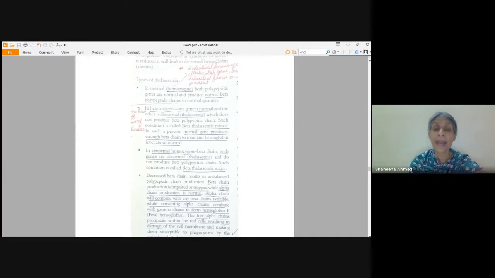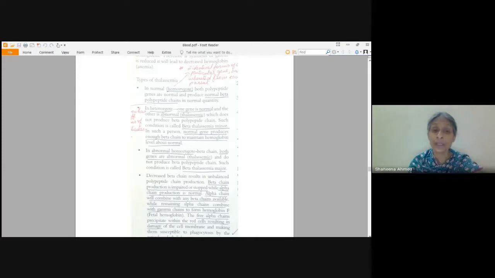Now, a heterozygote is where one parent contributes a normal gene and the other parent contributes an abnormal gene. So, in heterozygote, one gene is normal but the other gene is abnormal, that is, it is a thalassemic gene. But what happens in such an individual where one gene is normal and the other gene is abnormal? That person has thalassemia minor.